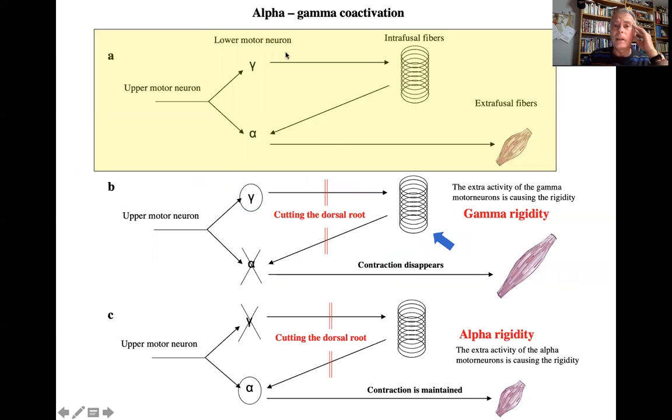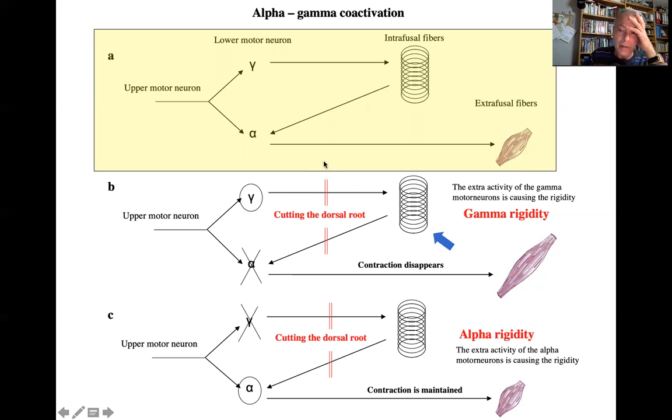So let's go and remember the alpha and gamma coactivation. Remember that the upper motor neuron acts on alpha and gamma motor neurons. The gamma acts on the intrafusal fibers, and these intrafusal fibers send signals to the alpha motor neuron, which in turn acts on extrafusal fibers.